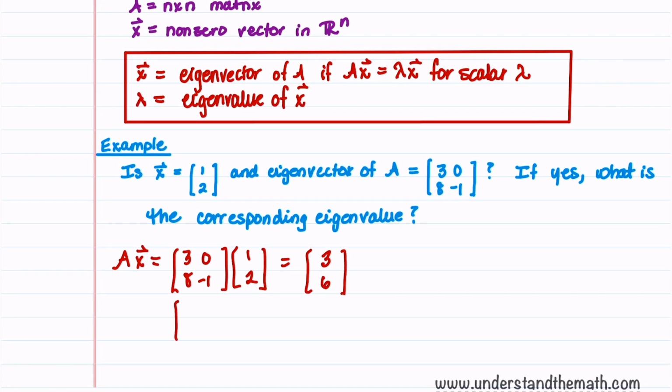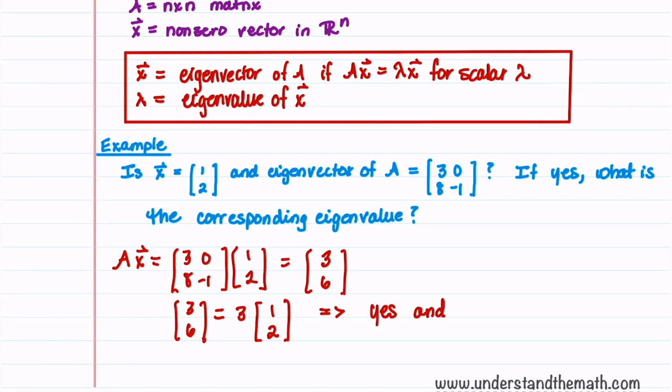And we notice that [3, 6] is a multiple of [1, 2]. So that tells us that x is an eigenvector of A. So we'll write down yes.